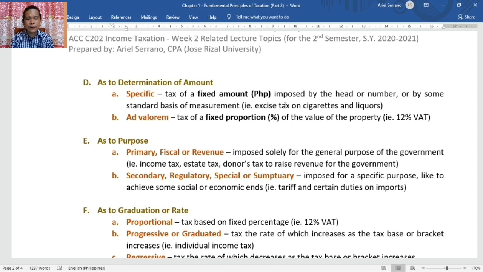Now, pag as to purpose, meron kasi tayong primary fiscal or revenue at saka yung secondary, regulatory, special or sumptuary. At familiar naman na kayo dito because if you go back doon sa ating part 1 ng chapter 1, we discussed this in terms of purpose of taxation.